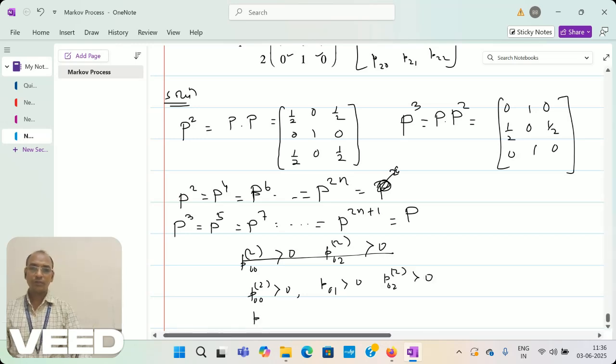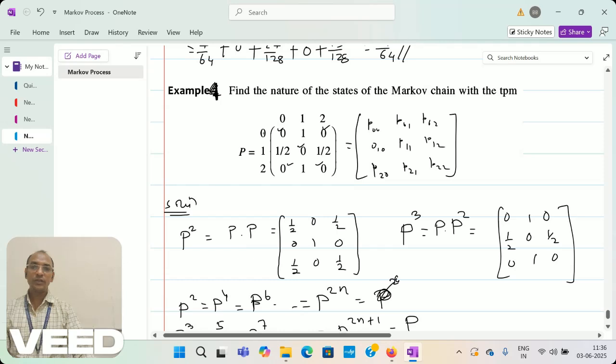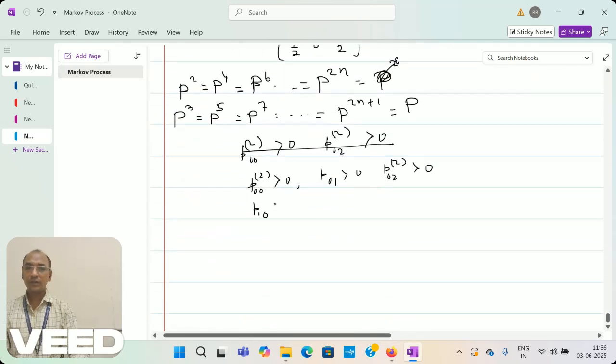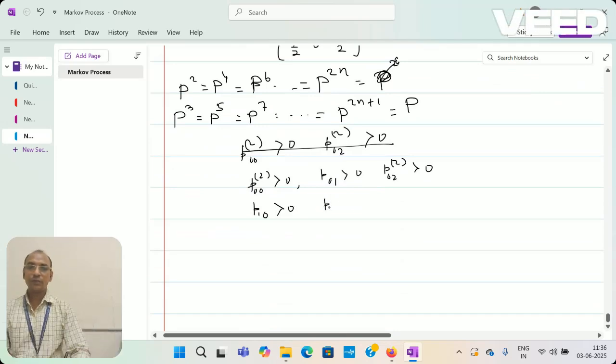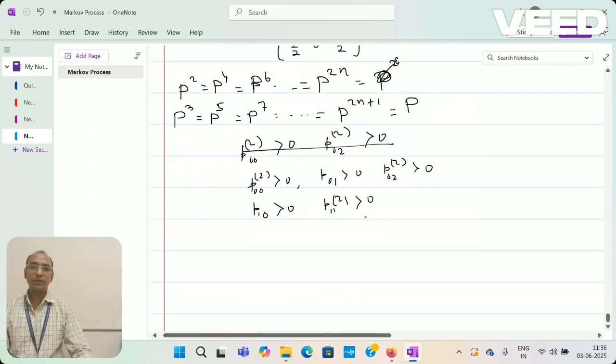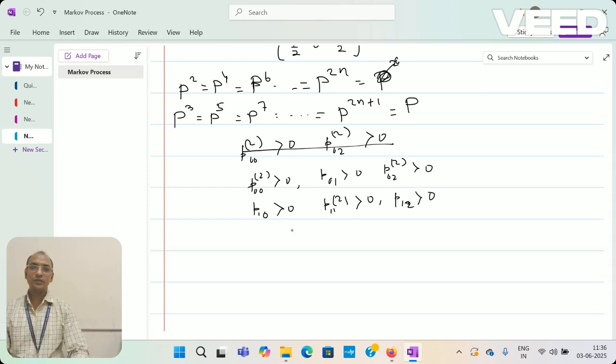Similarly, P10 is already greater than 0. Now P11 in step 2 is greater than 0, and P12 is greater than 0.